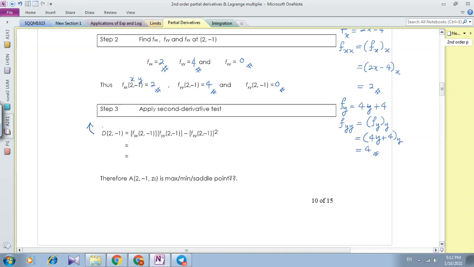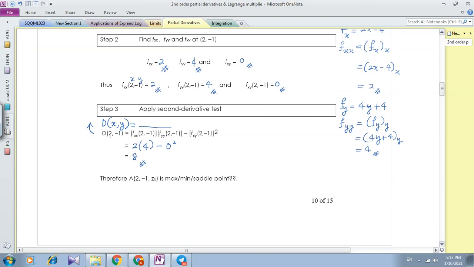You can check this once again, we have the formula for D. So this is given by fxx, which is 2, times fyy of 2, negative 1, which is 4, minus fxy squared. fxy squared is 0 squared, and we get 8.